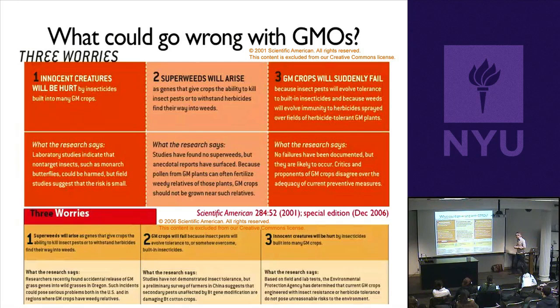I think this is an interesting situation to compare. It gives you a sense of what was in the mindset of the population about 9 years ago versus about 4 years ago. And the thing I would point out is that this is a very sentimental notion. It might very well be true that monarch butterflies could be harmed by genetically modified crops. But it's common when there's not a lot of information out there to hook into something that touches people's emotions in some way.